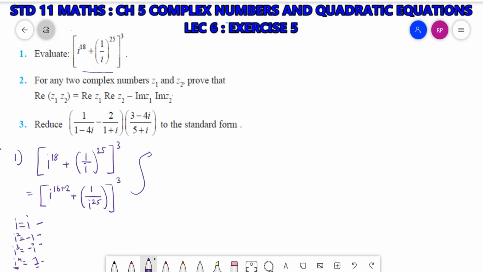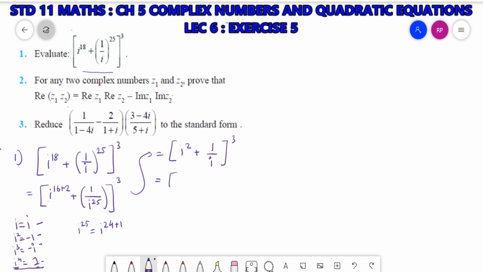So this will be i square plus 1 upon i^25. I can write it down here in rough: i^25 equals i^24 plus 1. That means i^24 is a multiple of 4, so 1 into i raised to 1, that will be i.